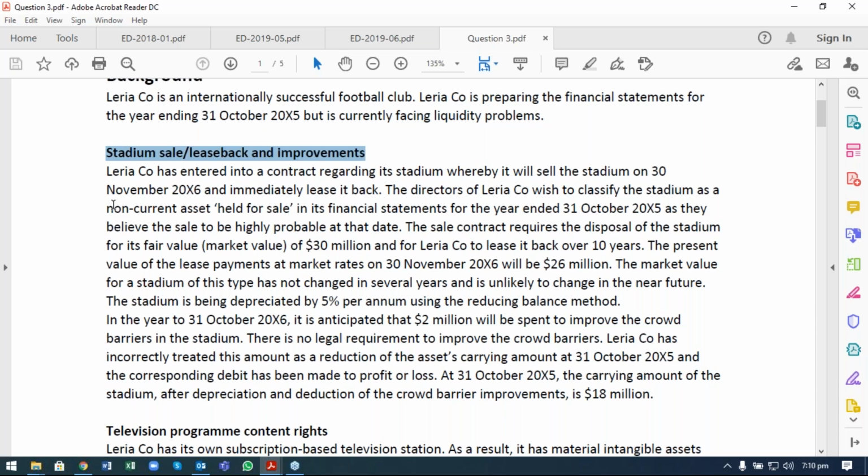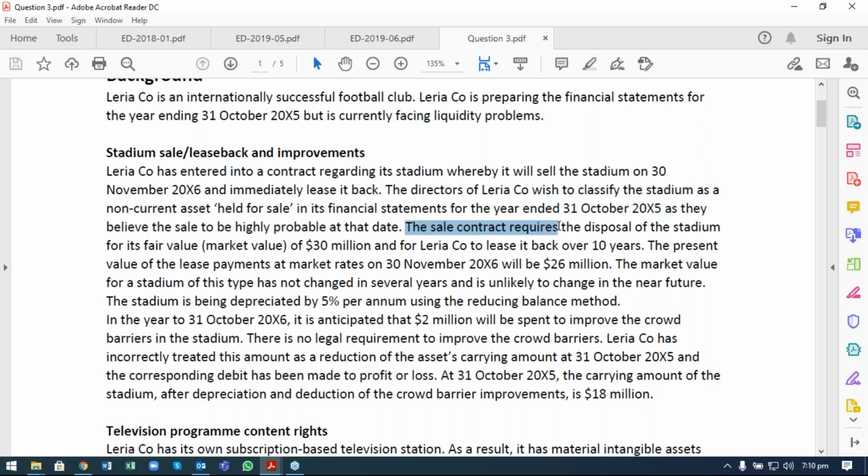So Leria company has entered into a contract regarding its stadium, whereby it will sell the stadium on 30th November 2006 and immediately lease it back. The directors of Leria company wish to classify the stadium as a non-current asset held for sale in its financial statements for the year ended 31st October 2005, as they believe the sale to be highly probable at that date.